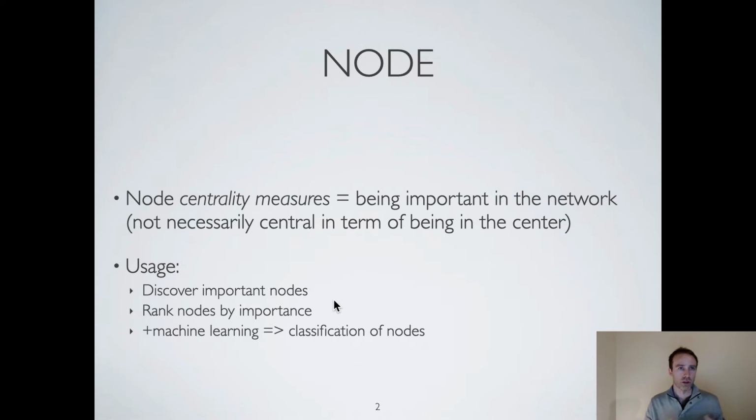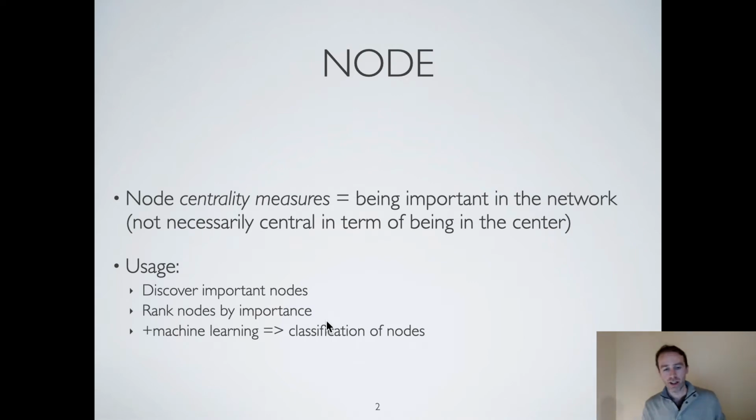So maybe you want, for instance, in a Bitcoin transaction network, to identify some actors which are particularly important. So you will use these centralities to discover them. It can also be used to rank nodes by importance. So if you're interested in one particular node, you might want to know if this node is, compared to the others, more or less important according to a notion of importance.